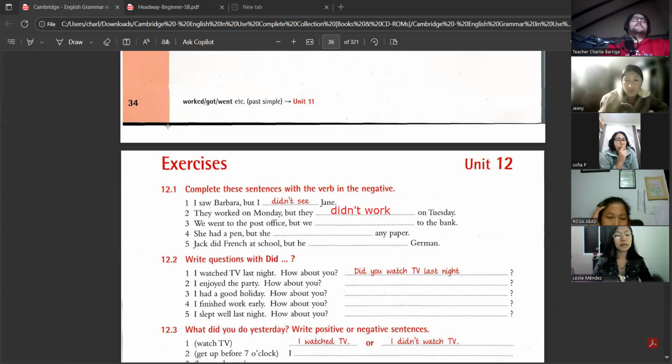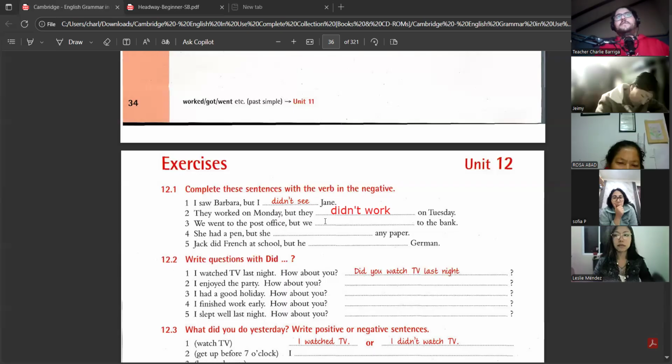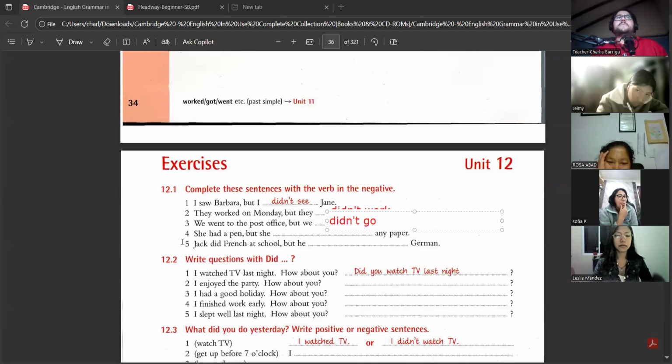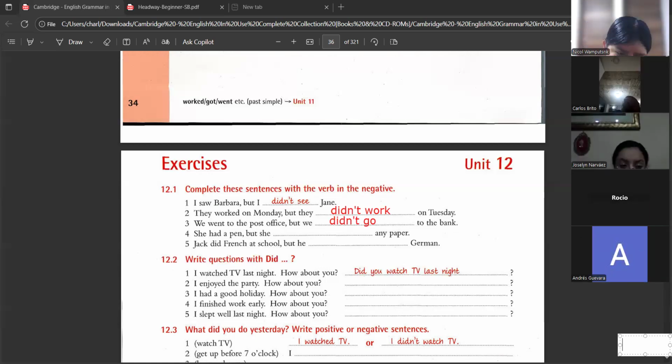For example, what would be this one? Rosa, number 3. We went to the post office, but we didn't go to the bank. Very good. We didn't go to the bank, right? What about this one?